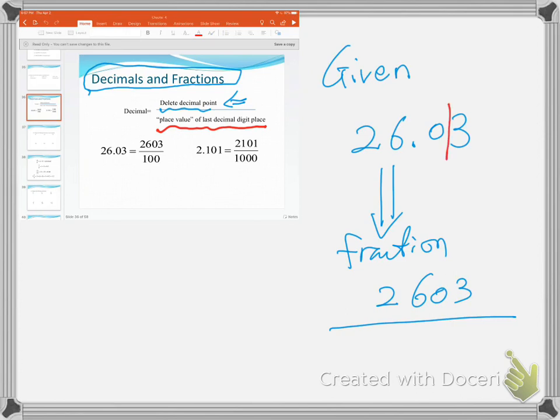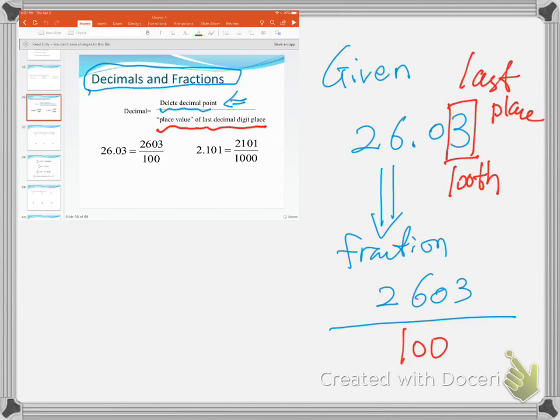So where's the last place? Here. What's this place? The hundredths place. So what's the denominator? 100. So the last place gives us the denominator. So 26.03 is 2603 divided by 100.